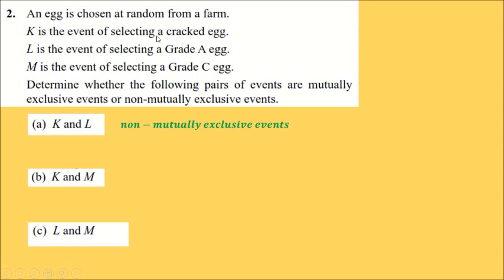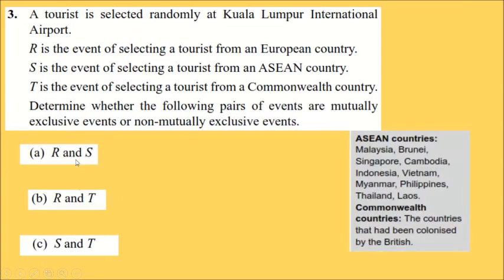A cracked egg can be a grade A egg. K and M are also non-mutually exclusive events, because a cracked egg can be a grade C egg. L and M: a grade A egg cannot be a grade C egg, so L and M are mutually exclusive events.